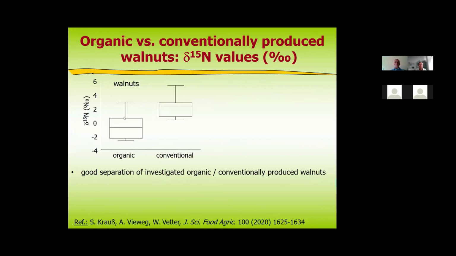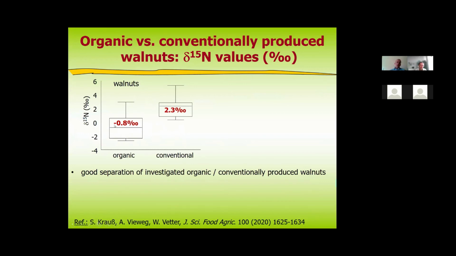Now, in the walnuts, we were also looking for organic walnuts. And as you can see here, these are German samples, organic walnuts and conventional. And you see a very, very good separation of organic and conventional.